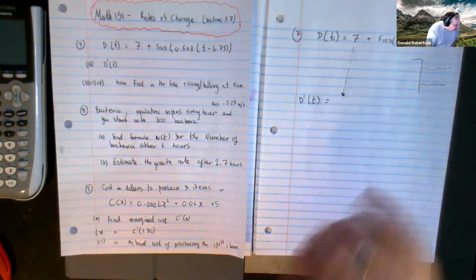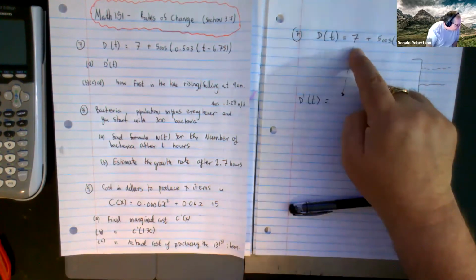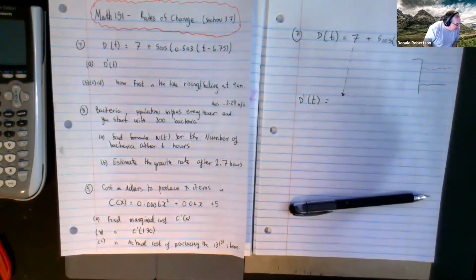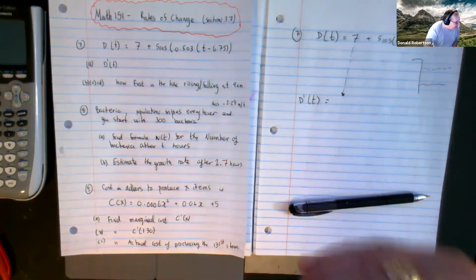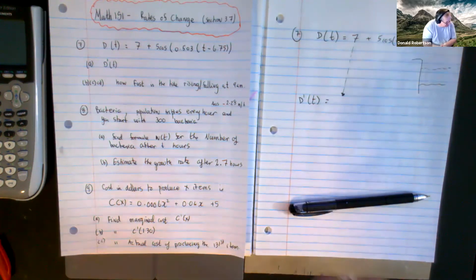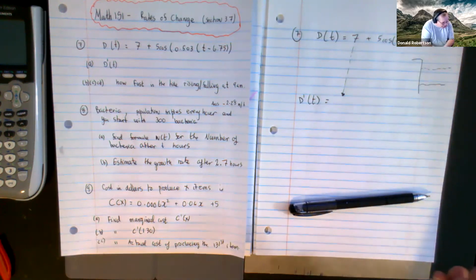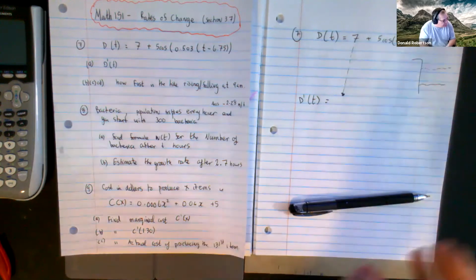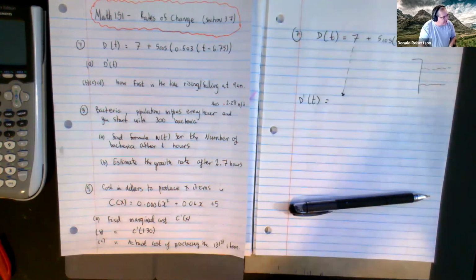Now, if that 7 had been some ugly number, because maybe in some other port it would be like 6.2345678, wouldn't the answer still be 0? So you don't let the ugliness of the number distract you from the process. A number gets you 0. Ugly number or 2 still gets you 0.